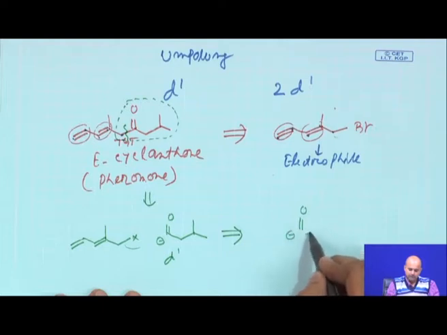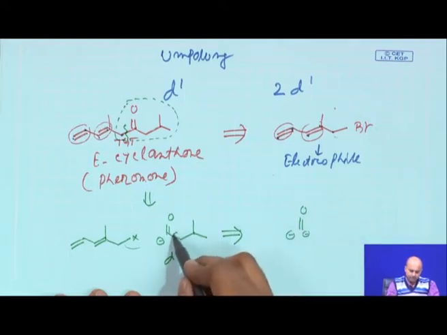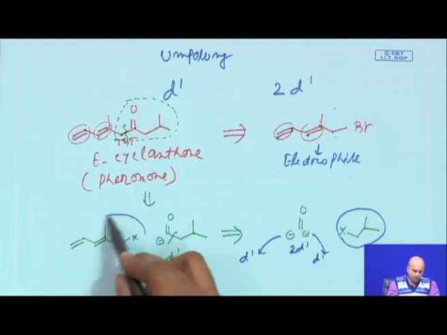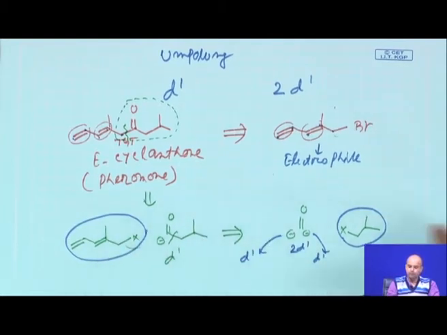as discussed earlier by this bond. So, this is a 2D1 species, means this end is 1D1, this end is 1D1, and this is your one electrophile which has been supplied to you.